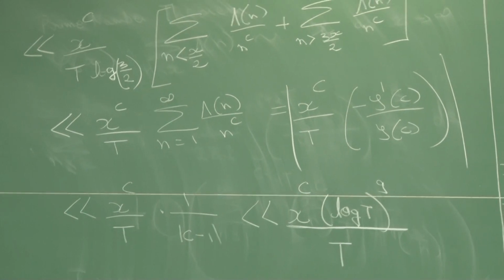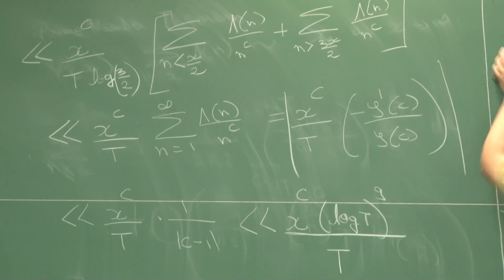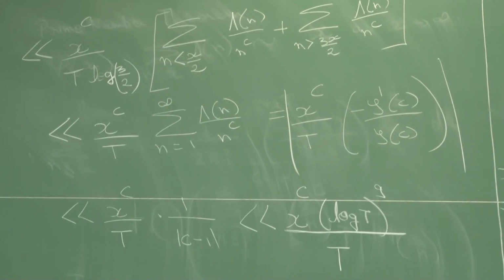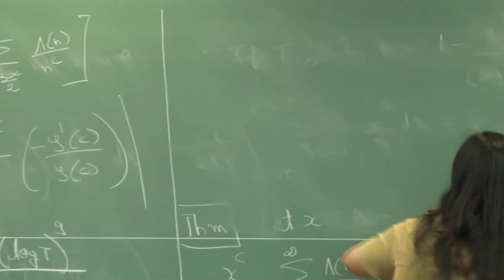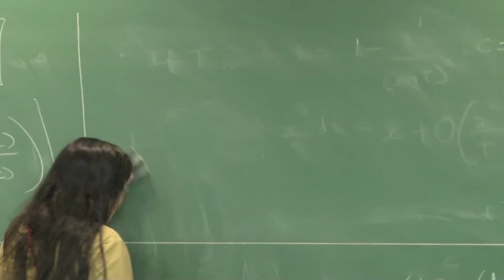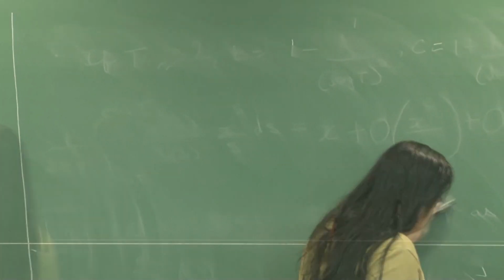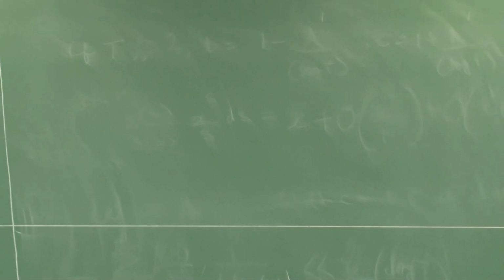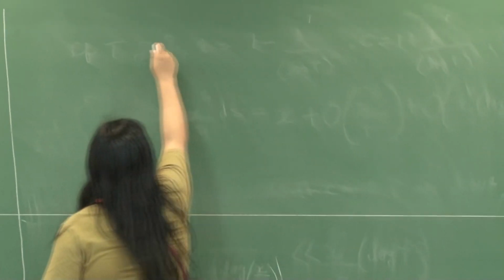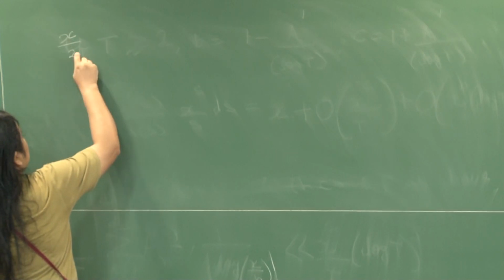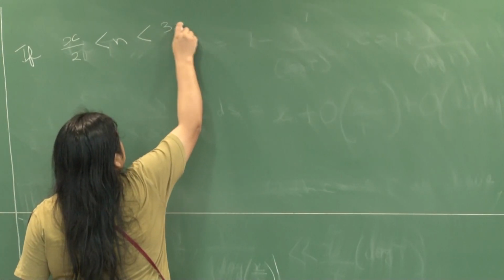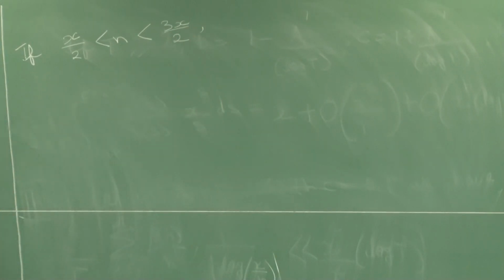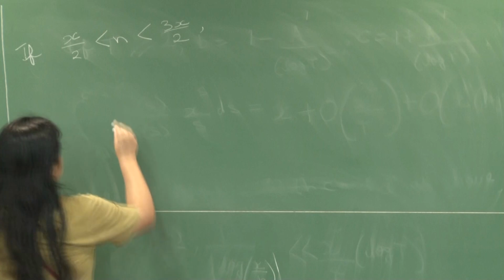Now let's focus on this part here. Since your n's could come very, very close to x, this kind of straightforward bound does not work, but with a little bit of thought you see that this is not too difficult either. So what happens now is that in the case when x by 2 is less than n, which in turn is strictly less than 3x over 2, what we do is the following.